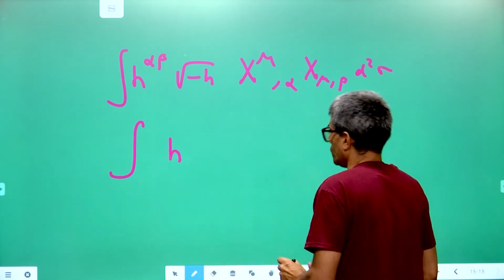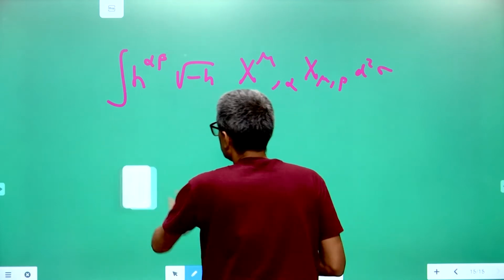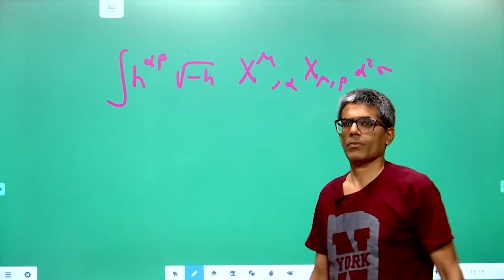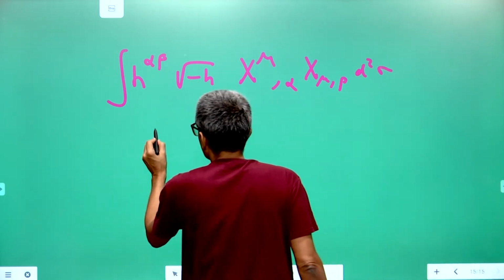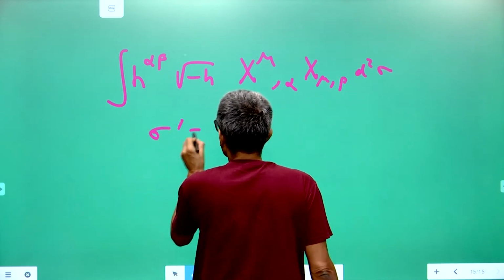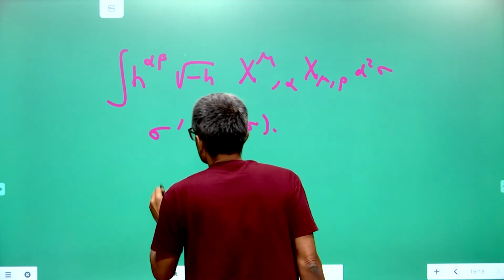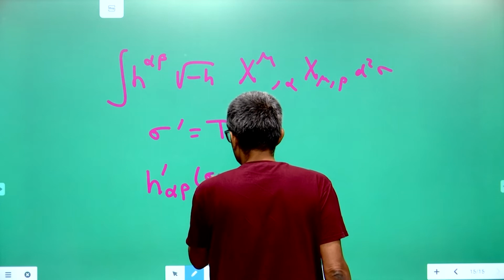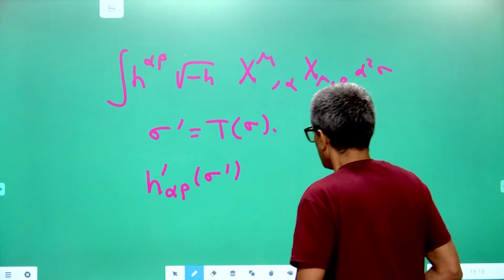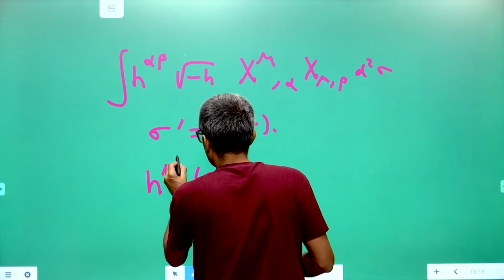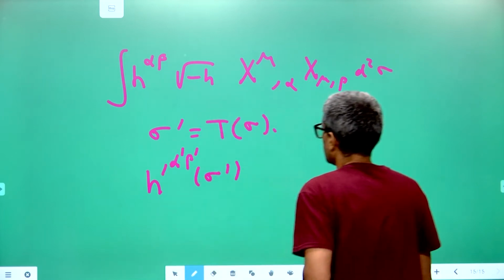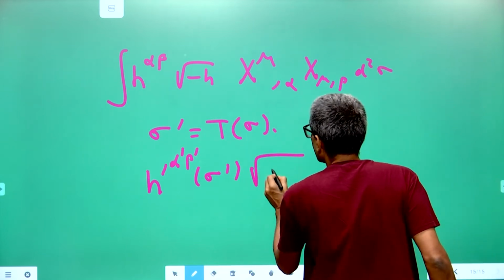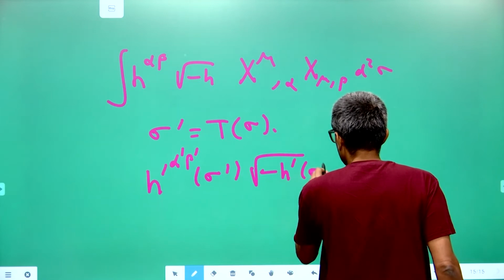Let us call the diffeomorphism sigma dash equal to T of sigma. Suppose I compute h dash alpha beta at sigma dash, or the contravariant version, h dash of alpha dash beta dash at sigma dash, and also root minus h dash at sigma dash.